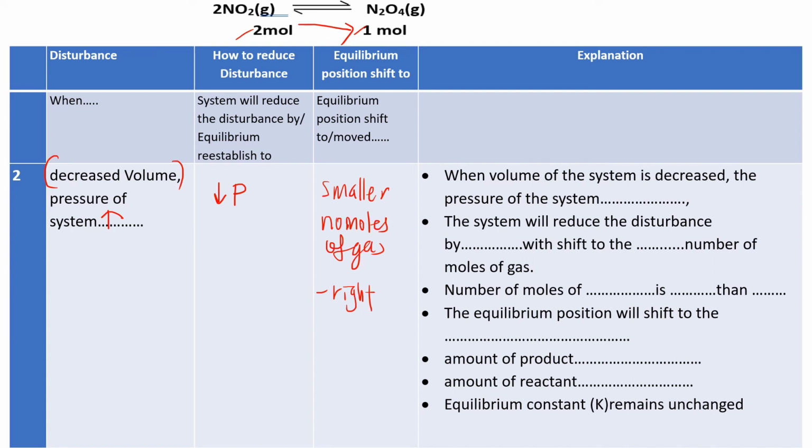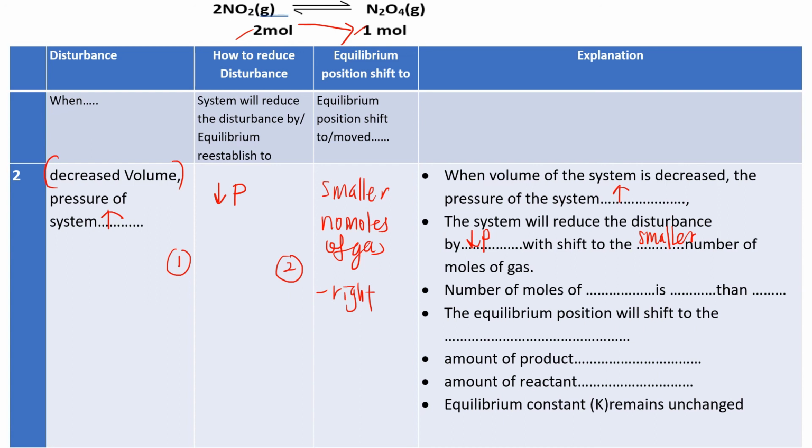Okay, now when the volume of the system decreases, the first sentence comes from the 'when': the pressure of the system will increase. The second sentence comes from how to reduce the disturbance. The system will reduce the disturbance by decreasing the pressure, which shifts to the smaller number of moles of gas. So now you can find the fewer moles of gas is on the product side.